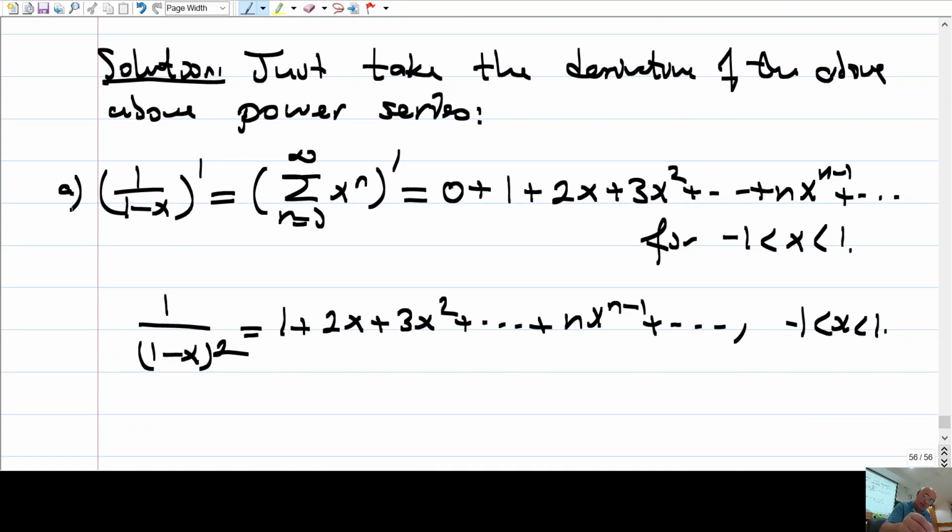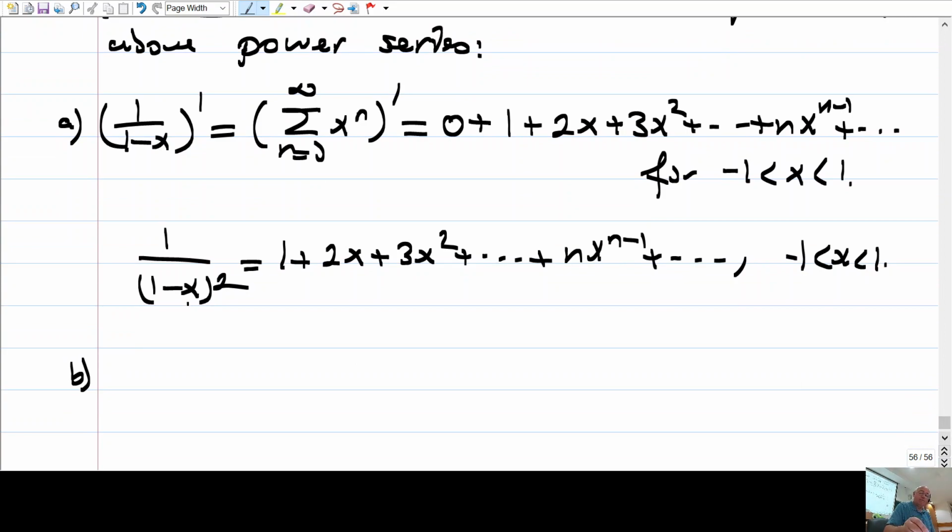So this is a. For b, it is 1 over 1 minus x cubed. Well, it is the derivative of this gadget. I can take derivative one more time. So let's take derivative again. 1 over 1 minus x squared derivative. What is this?